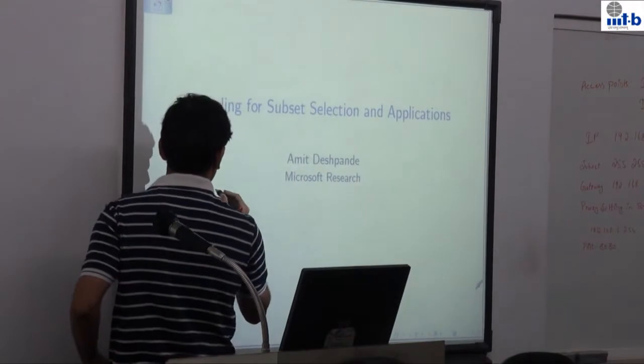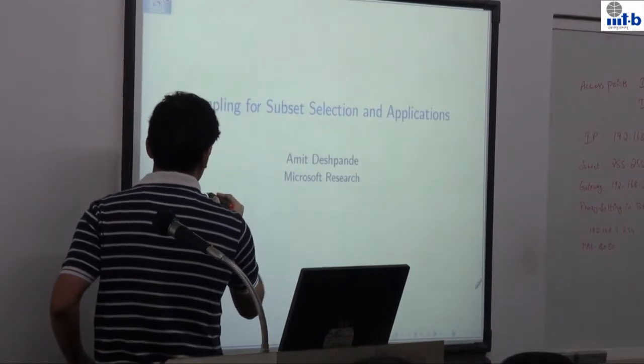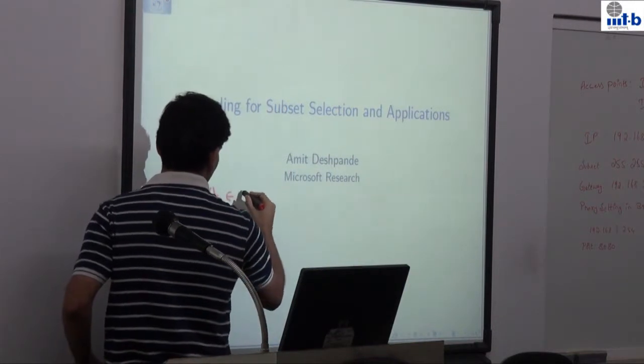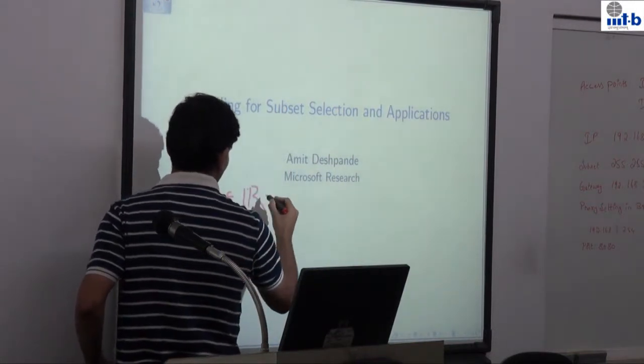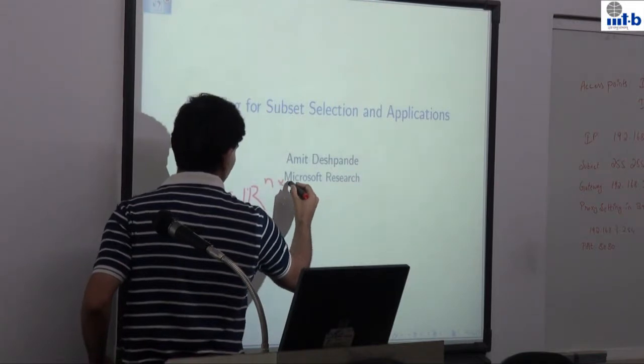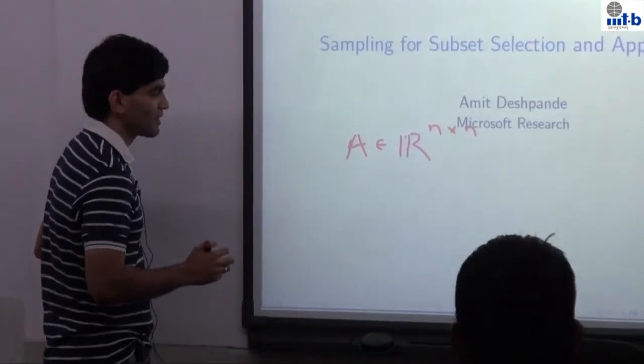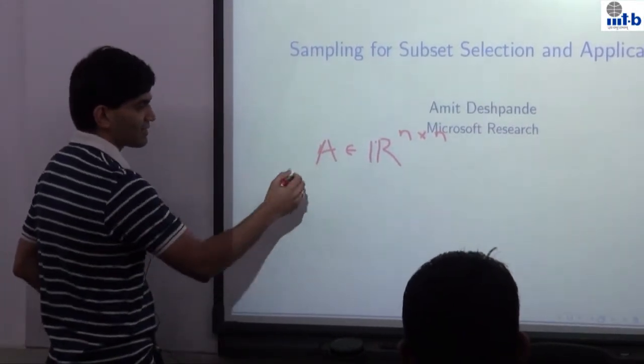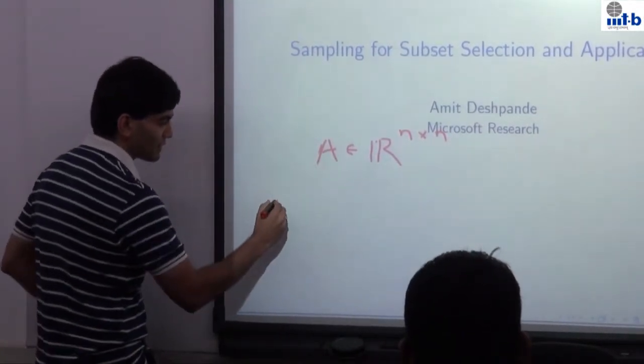So for any n by n matrix A with real entries, there is a thing called the characteristic polynomial. Say it's a symmetric matrix.